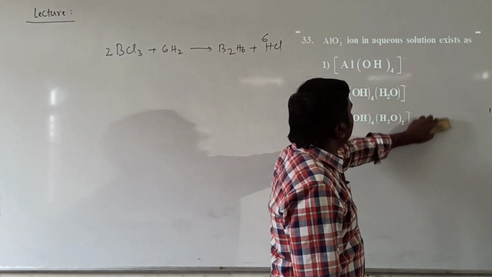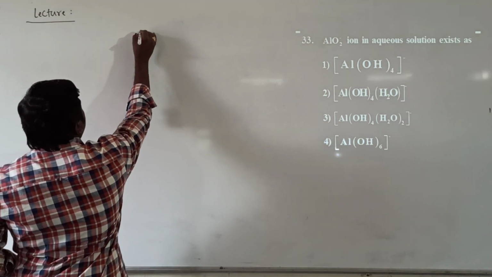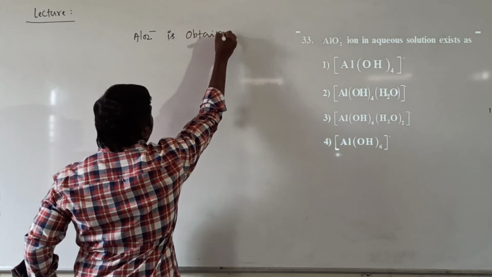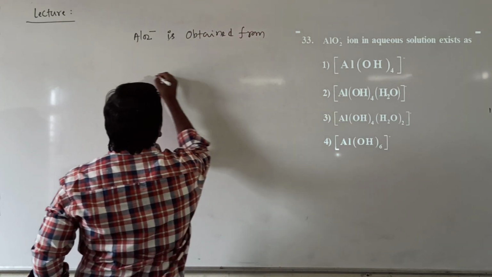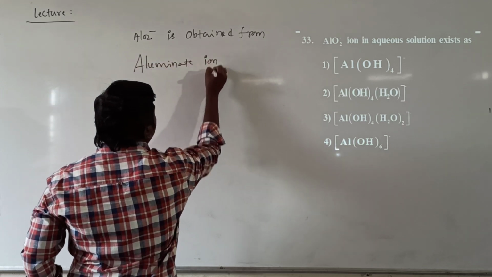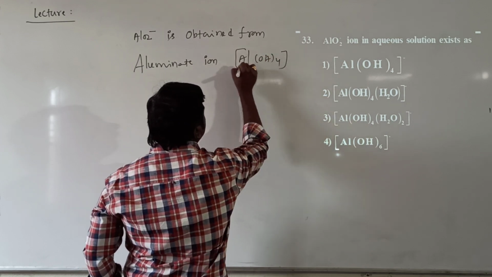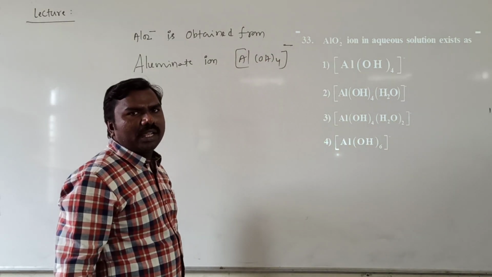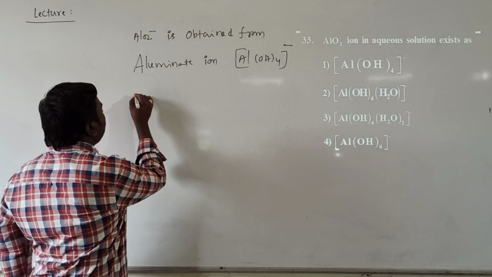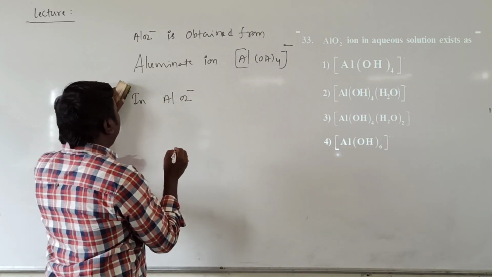Next. AlO2 minus ion in aqueous solution exists as what? AlO2 minus is obtained from the aluminate ion, which is Al(OH)4 minus.